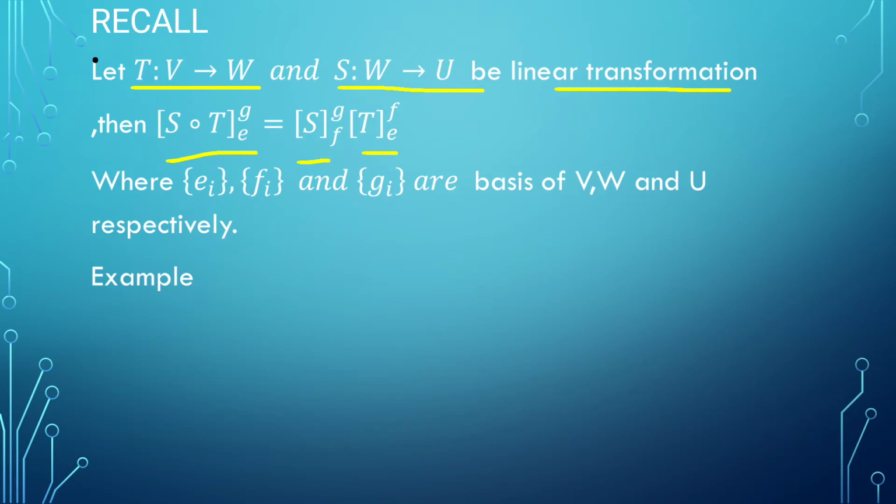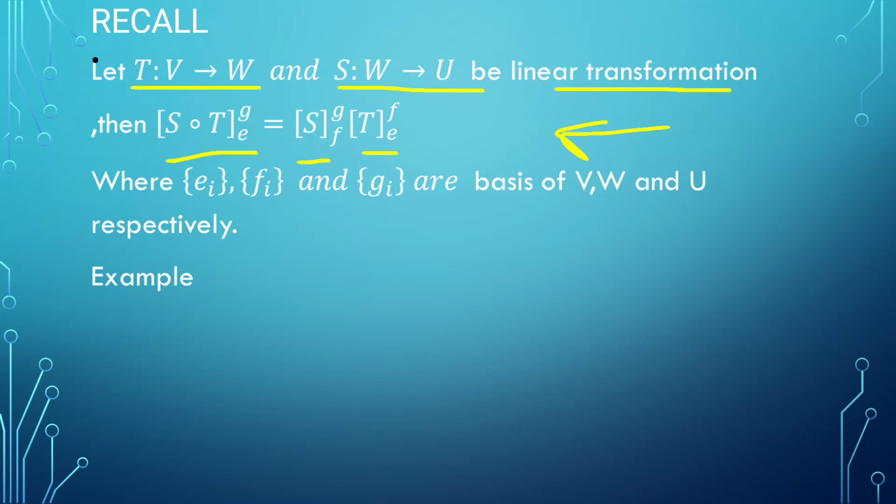For T, you might want to go from E to G. So T carries E to F, and then S takes F to G. We work from the left hand side.